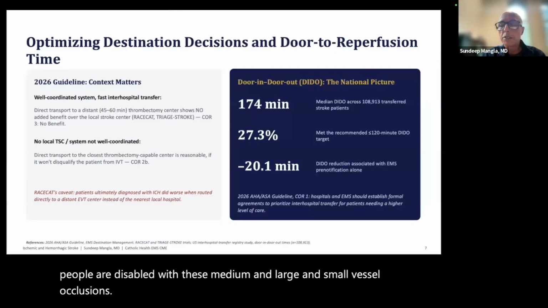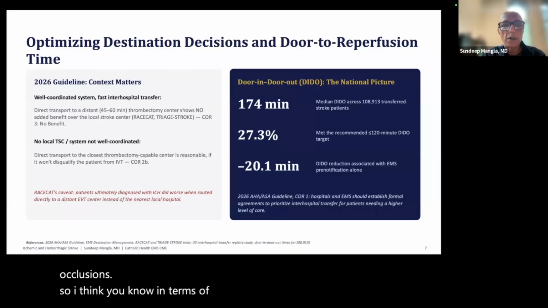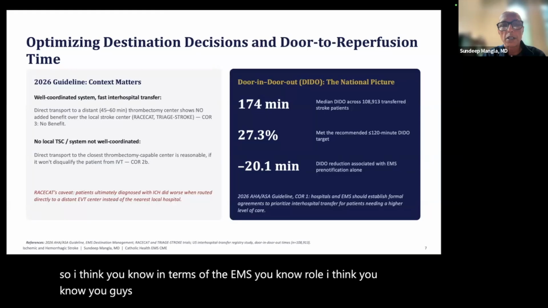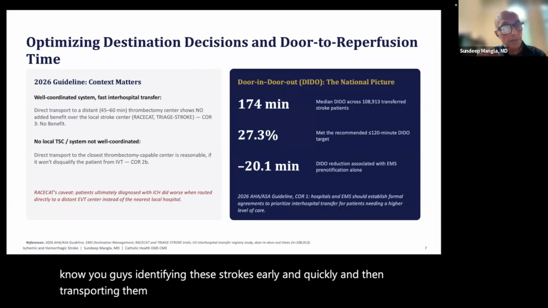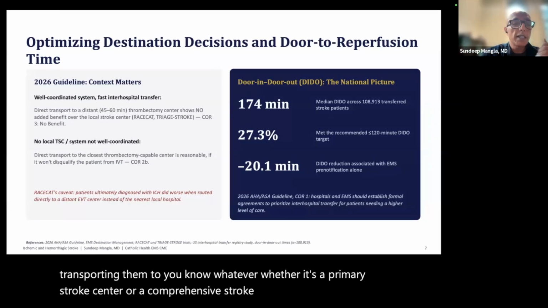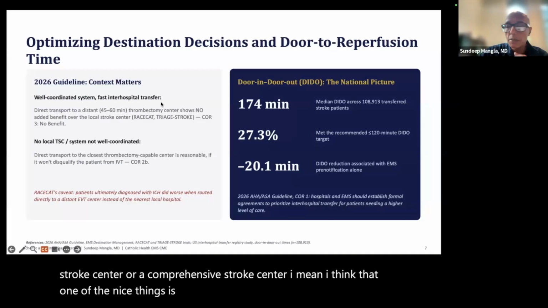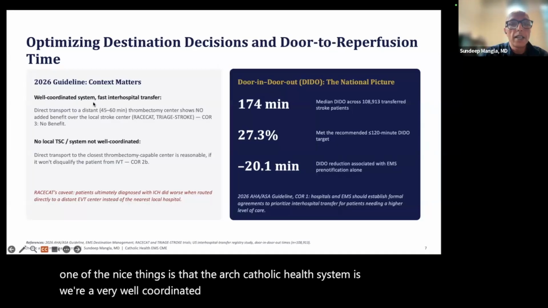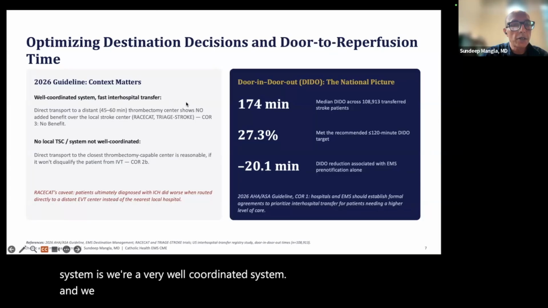In terms of the EMS role, you identify these strokes early and quickly, and then transport them to, whether it's a primary stroke center or a comprehensive stroke center. One of the nice things is that our Catholic Health system is very well coordinated, and we have very fast interhospital transfer.